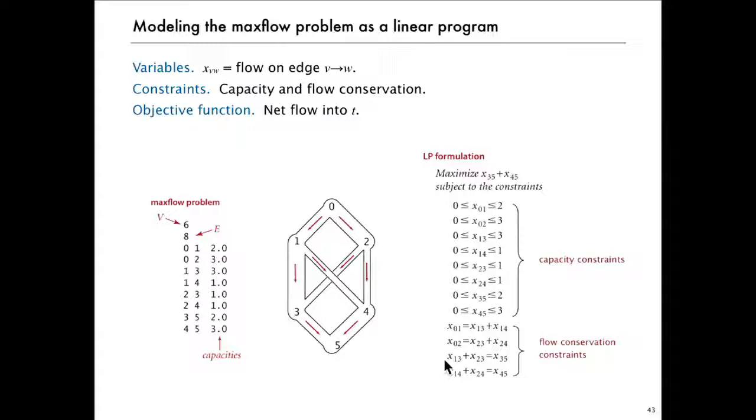And you have one of those constraints for each one of the vertices. And then what's the objective function? We want to maximize the amount of flow that goes into number 5, which is x35 plus x45. That's an LP formulation of the max flow problem. It illustrates how really easy it is to represent a maximization problem as an LP problem.